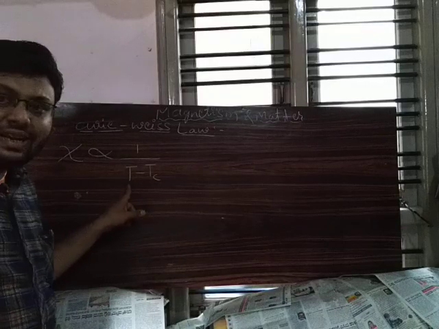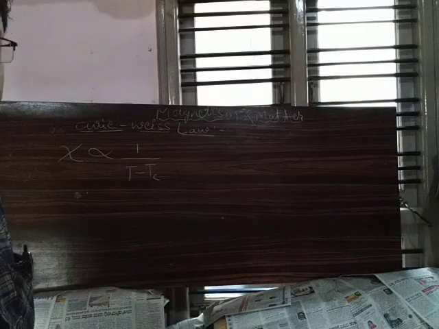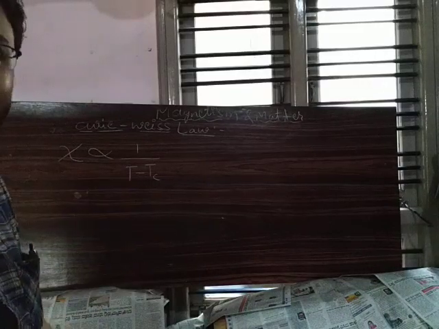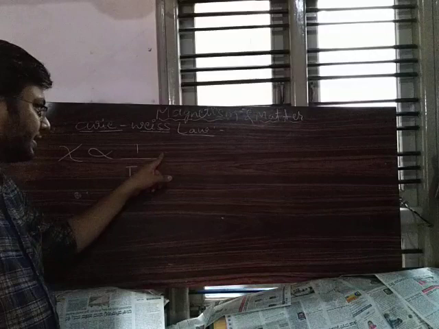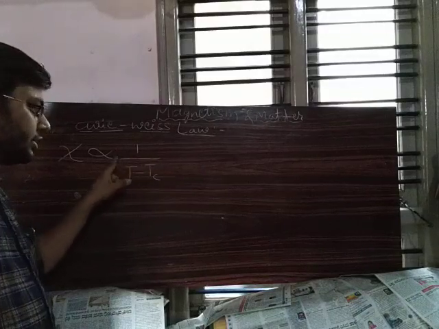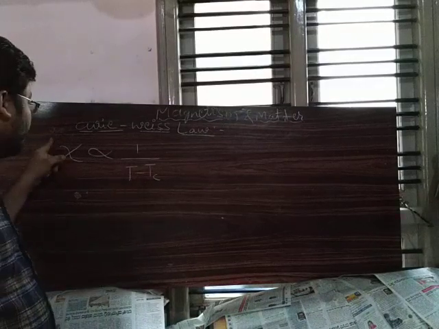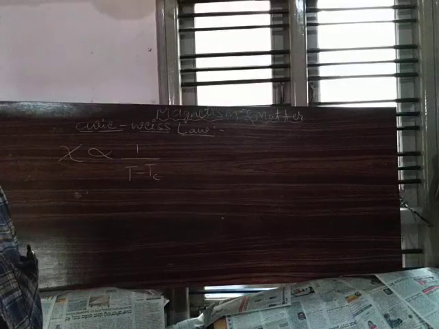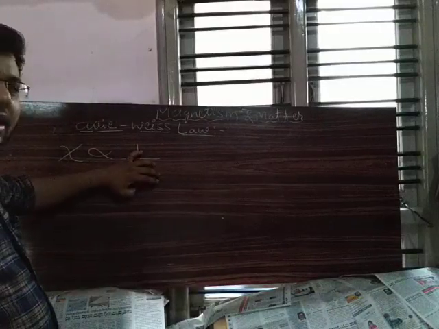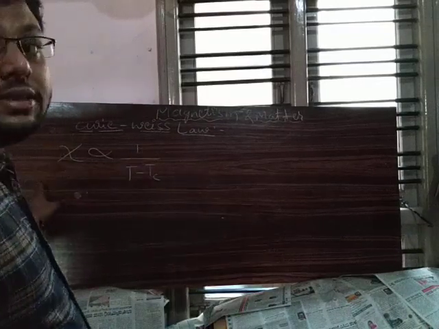So what do you mean by T here? T means the absolute temperature. Tc means the critical temperature or the Curie temperature. Right? As the absolute temperature increases above the critical temperature, what happens? The susceptibility starts decreasing. Is it clear? As this increases, this decreases.